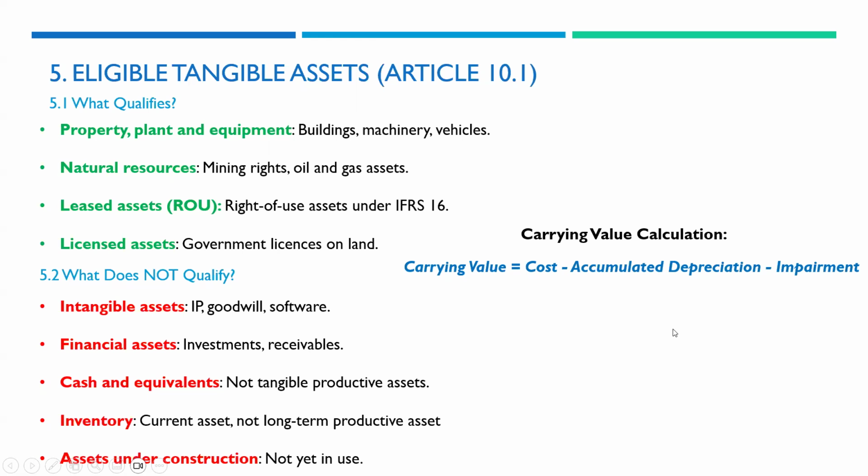This is what I feel, but check it out. I remember from our lectures on IFRS that the general formula for eligible tangible assets is carrying value equal to cost minus accumulated depreciation and impairment.